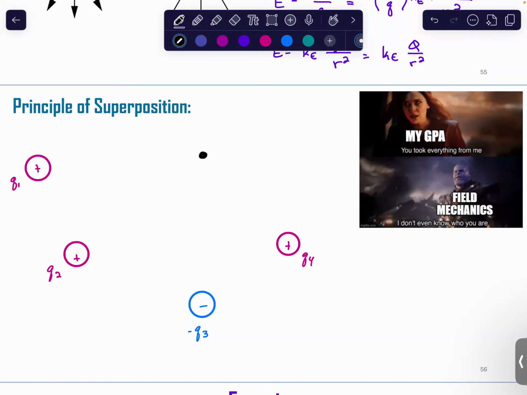Along what direction? The line that connects the charge to the point. Close enough.